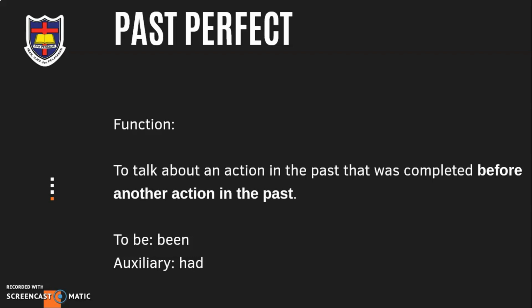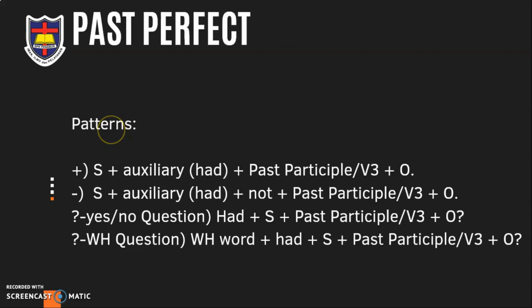Next, for the patterns, we actually have positive, negative, and interrogative, but here I give you two types of interrogative or question sentence. For positive or affirmative, as usual, we start with subject, auxiliary had, then past participle or verb 3, and then object.